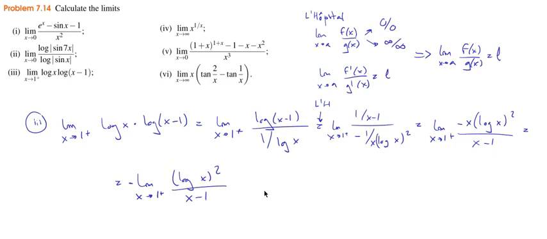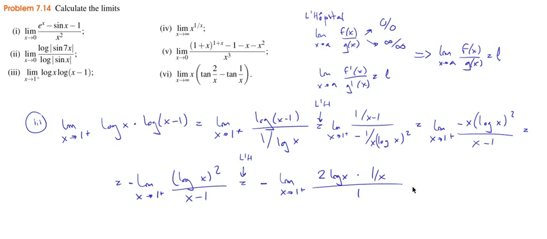Okay, and now this is going to go to 0, this is going to go to 0, so again we have 0 over 0, we can apply L'Hopital's rule again. So this is minus the limit when x goes to 1 on the right of 2 times the logarithm of x times 1 over x, right? And this is 1.